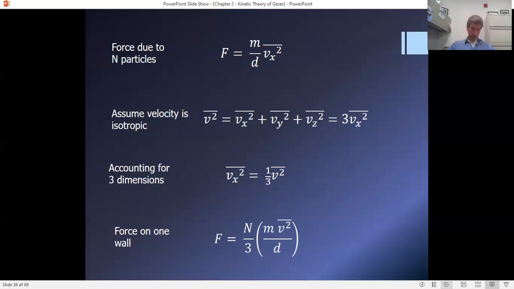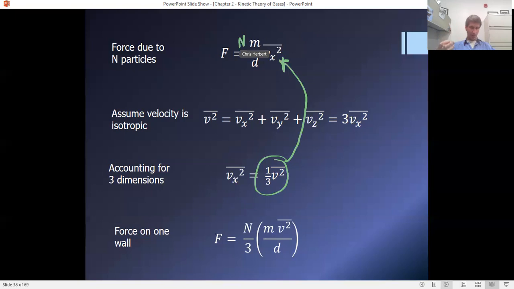So now I'm going to plug this in right here. And of course, I've got to take a look at the force on one individual wall. I think I have a little bit of a problem with this one right here.